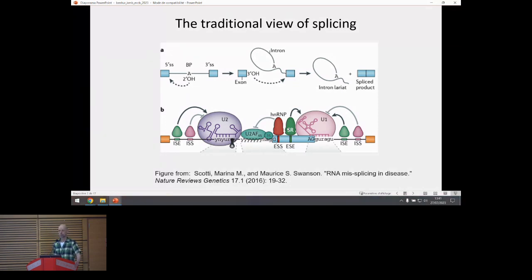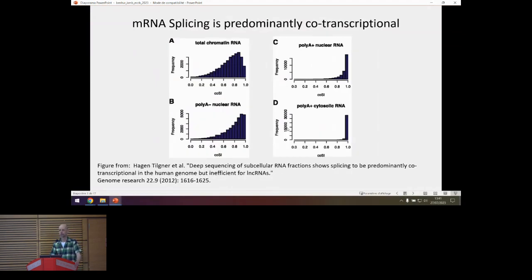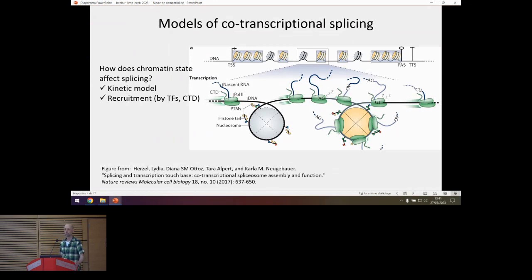But from Hagen's work, we know that splicing is predominantly co-transcriptional, which provides an opportunity for chromatin structure to affect the process of splicing. And Mayan talked about this in her talk earlier today.